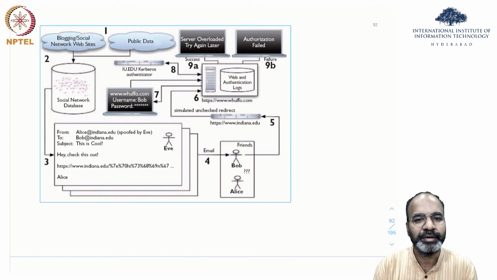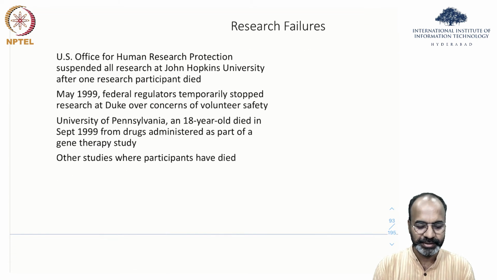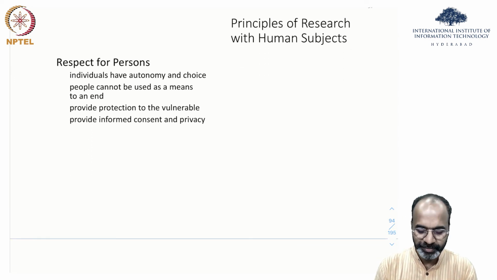Another study that became popular in terms of outcry by participants, society, everyone, is the Indiana University study. This is a small list of research failures where something has gone wrong in universities' research studies, because of which the IRB has become more and more important.